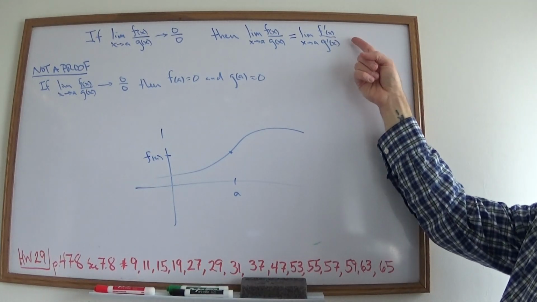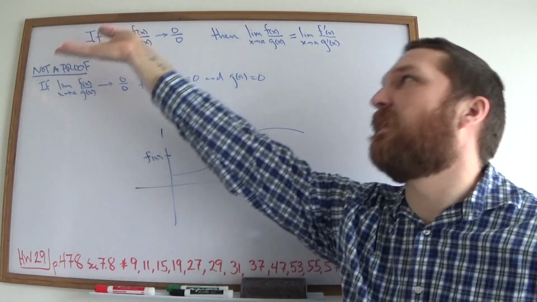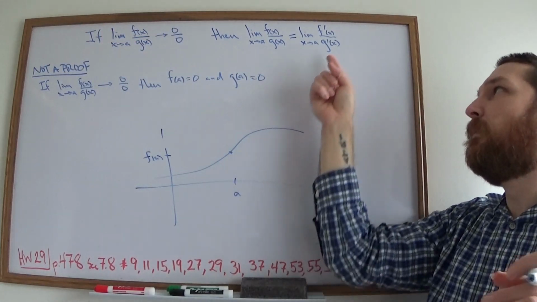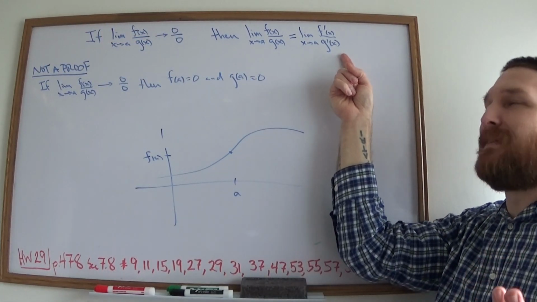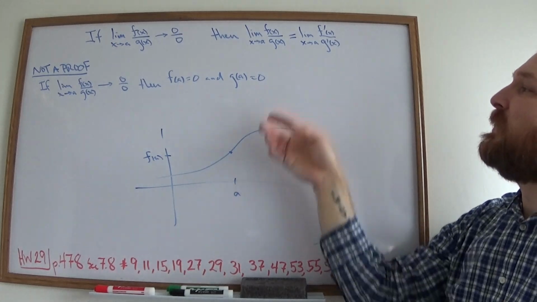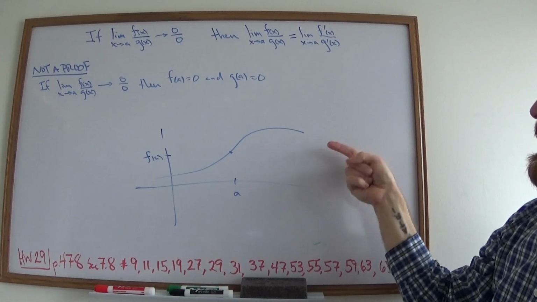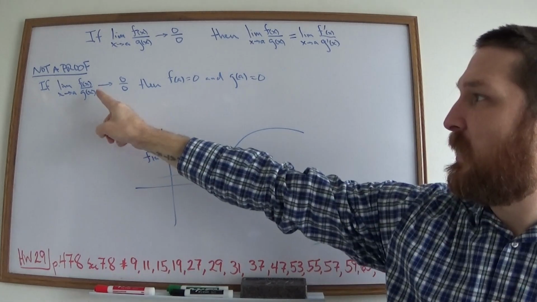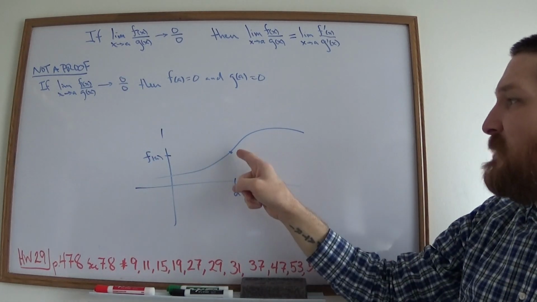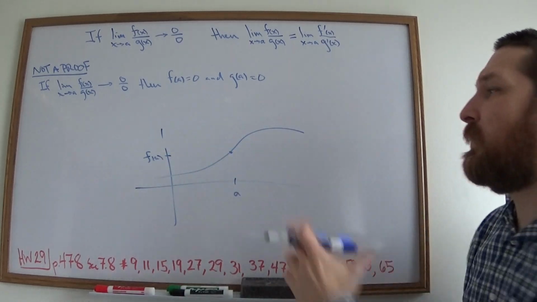And we're assuming implicitly, I didn't say at the very beginning, that f and g are both differentiable, but that right there tells you they've got to be differentiable if you're doing that. And if they're differentiable, they're continuous. If they're continuous, then as you approach a, you get the same thing as when you actually plug it in.